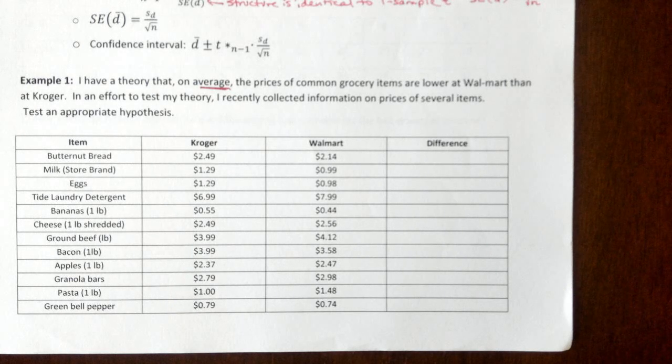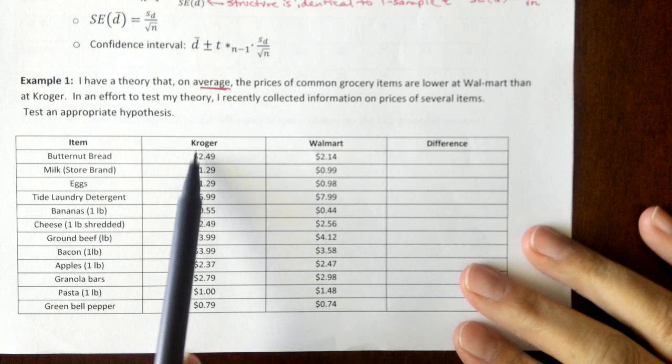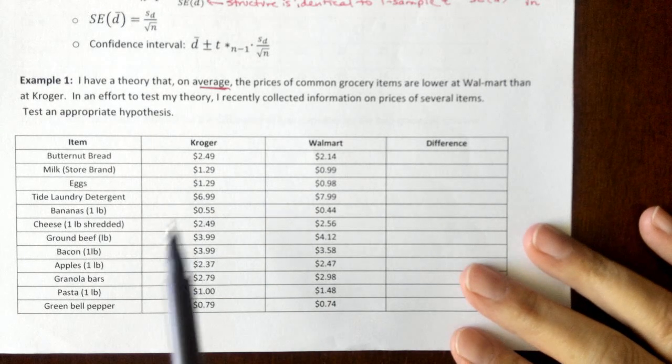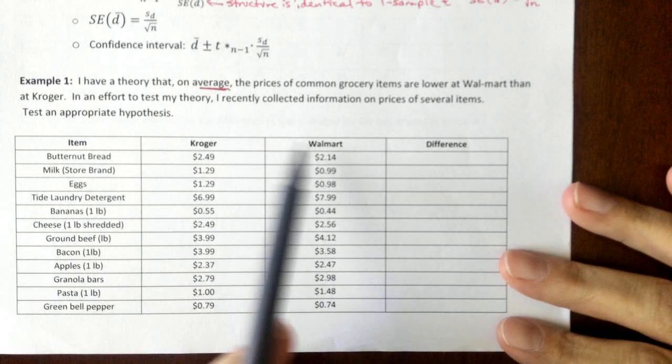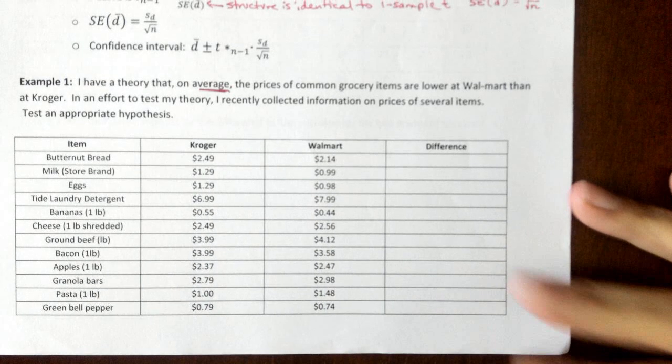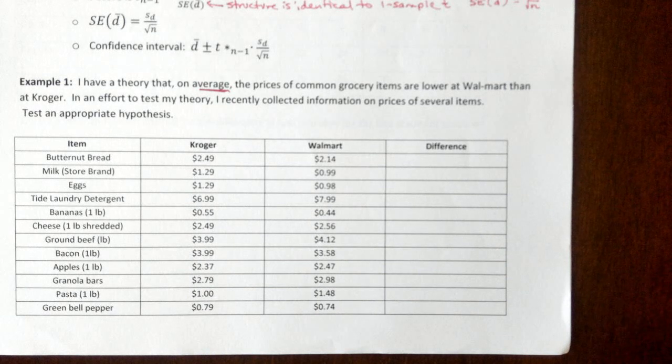So we can't run a two-sample t-test or do a two-sample interval with this data because we do not have independence between these prices and these prices. They are paired up in a really obvious way. This pair up here in the table screams do a paired test.